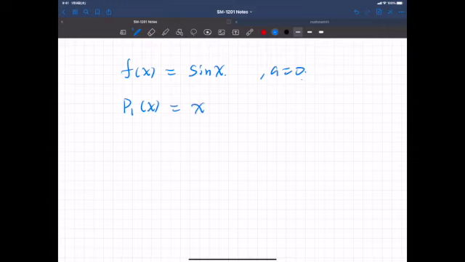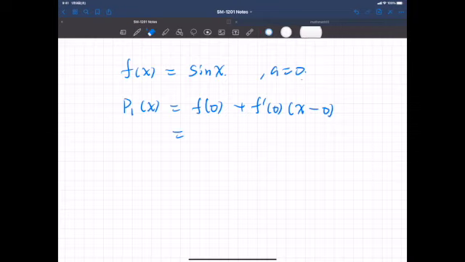We just apply the definition of this polynomial: f of 0 plus f prime of 0 times x.